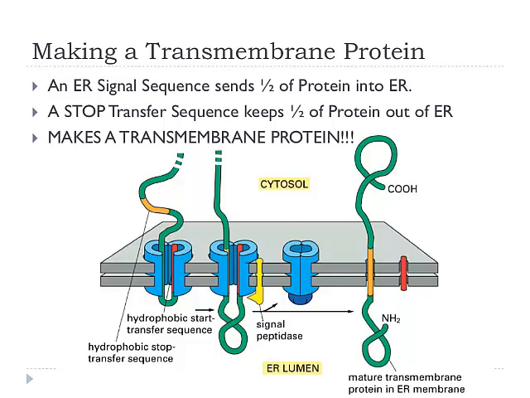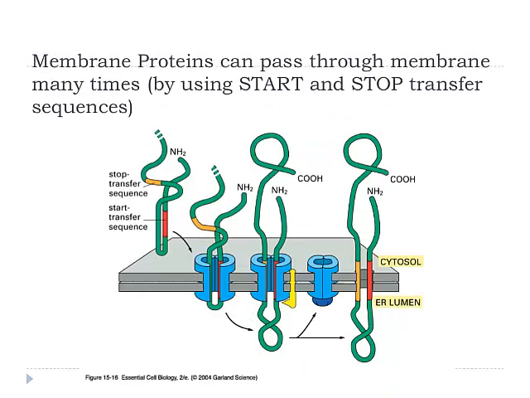So this can happen with transmembrane proteins that have 2 or 10 transmembrane regions that go across the lipid bilayer. Just depends on how many of these start transfer sequences and stop transfer sequences they have.